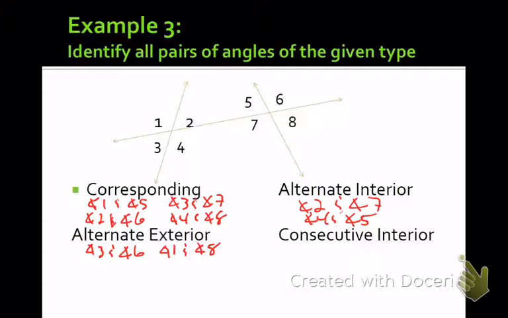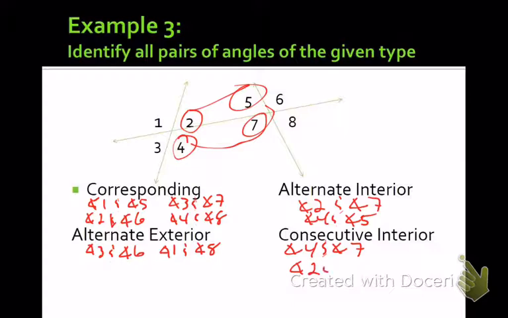Consecutive interior, same side and inside, would be angle 4 and angle 7, then angle 2 and angle 5. Okay, so hopefully you're able to pick all those out.